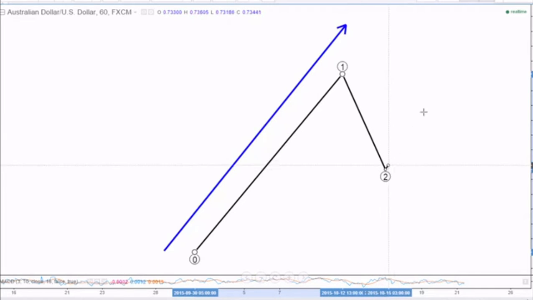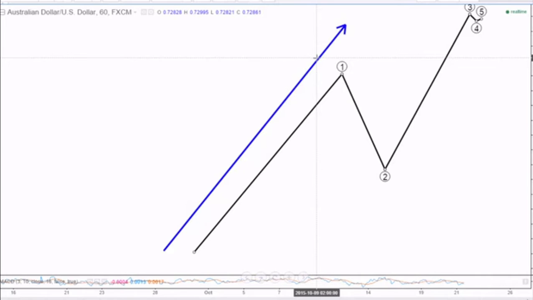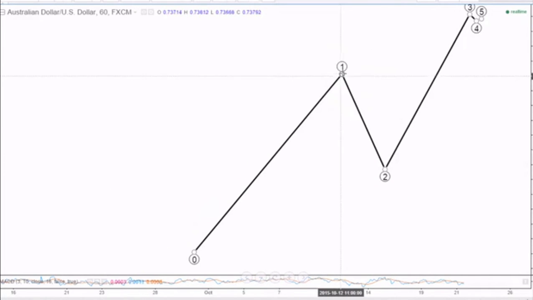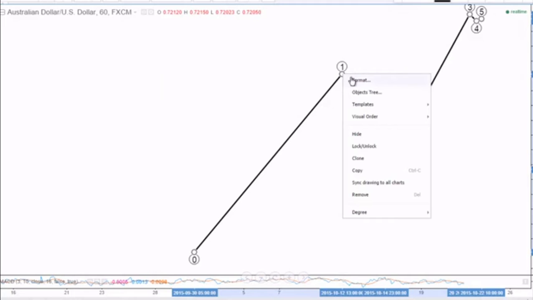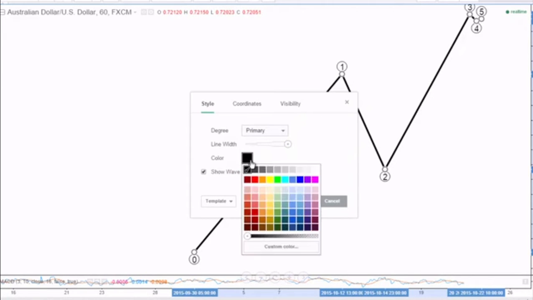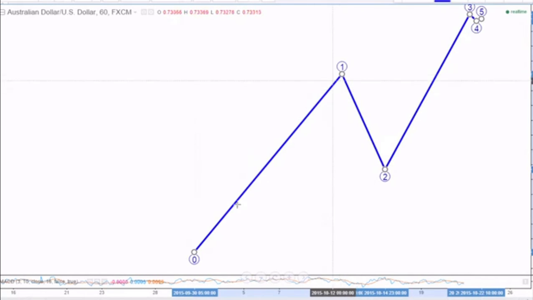And then up. Forget about all this other stuff there. I just want to focus on this. So we're looking at this as the primary trend. I'm going to make this bigger, thicker. We're going to call it blue. So this right here is the primary trend.